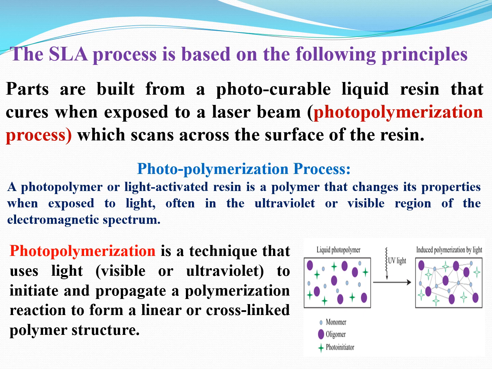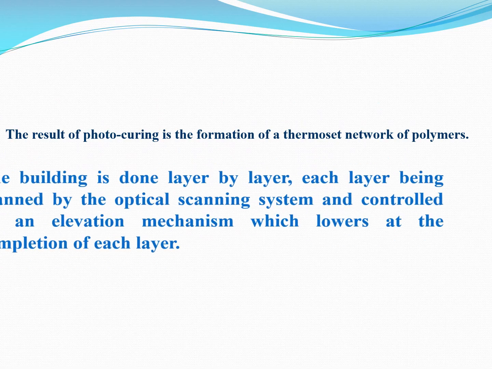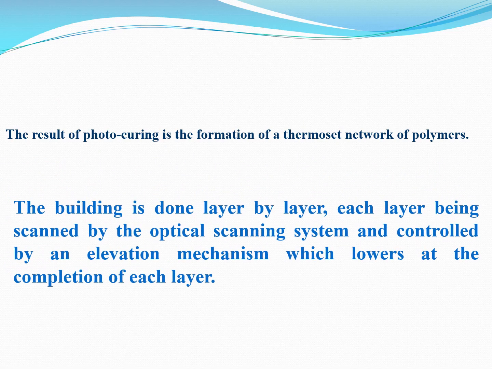So that is called photopolymerization. The result of photocuring is the formation of a thermoset network of polymers. So those are thermoset polymers.